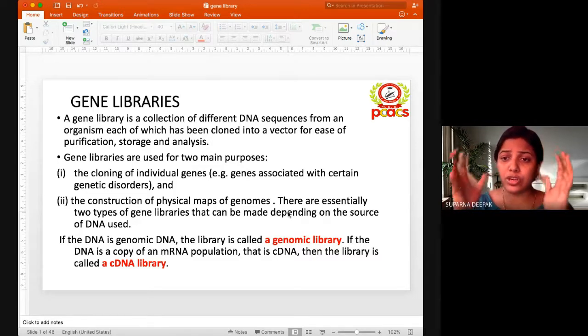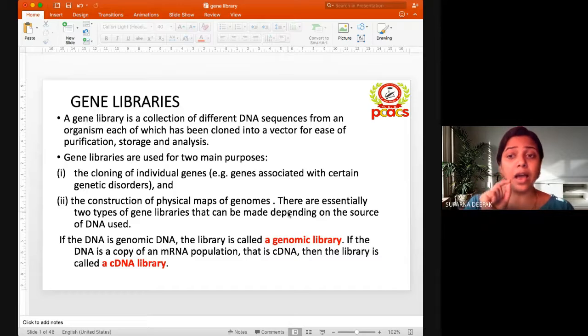So this collection of all these vectors: say I have a DNA sequence, and I am fragmenting it into 100 pieces. These 100 pieces are going to be cloned into 100 different vectors, and these vectors would be taken up by some host cell, for example E. coli.